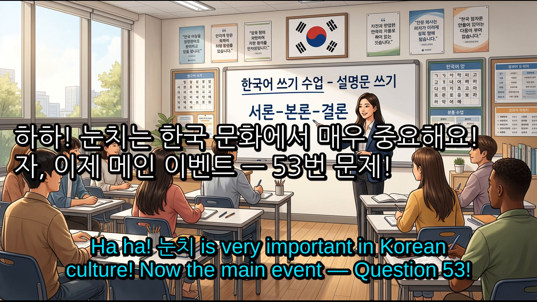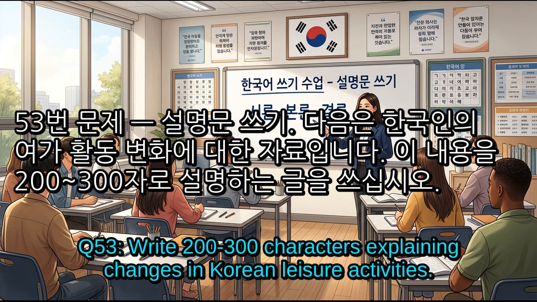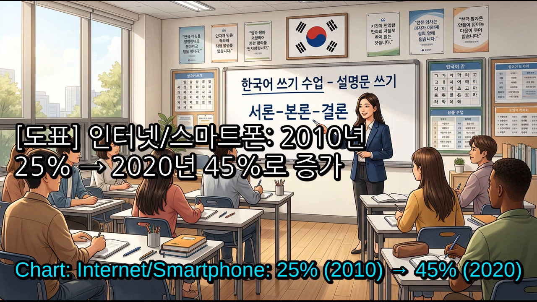Okay, now the main event, question 53. Question 53, expository writing. Write 200 to 300 characters explaining the following data about changes in Korean leisure activities. The chart compares 2010 and 2020 data. Internet and smartphone use, 25% in 2010, increased to 45% in 2020.